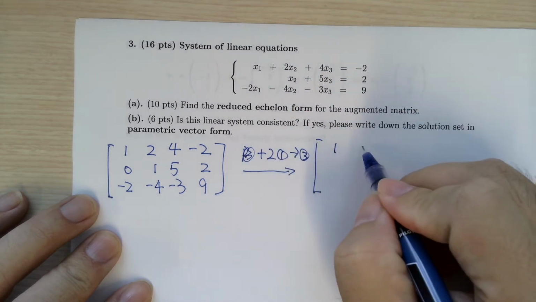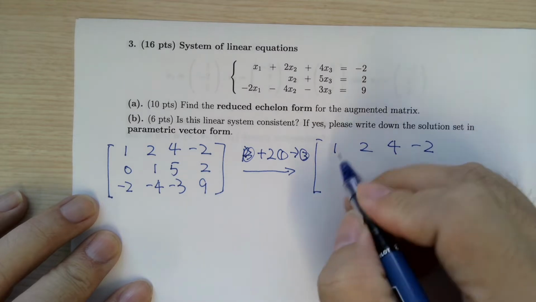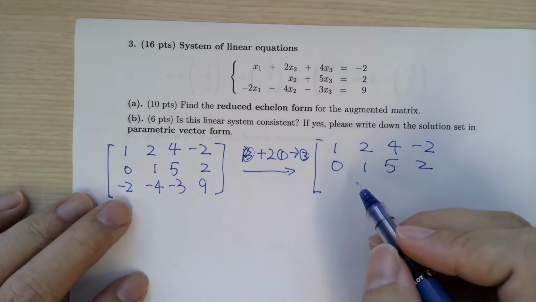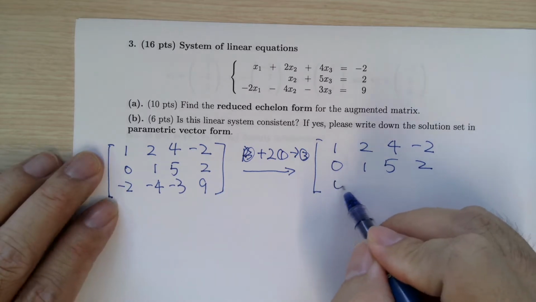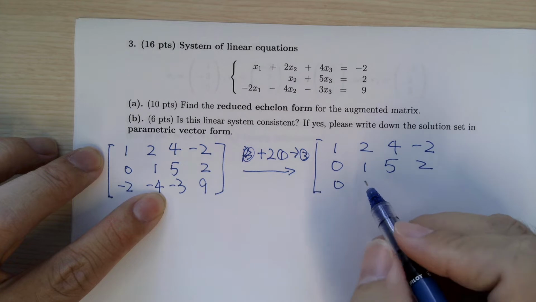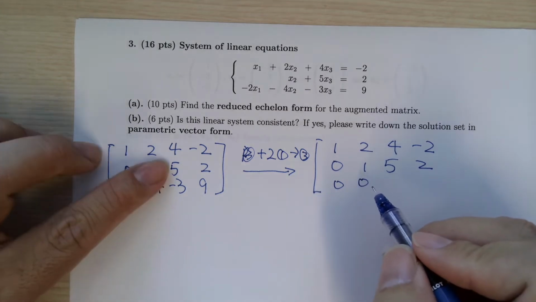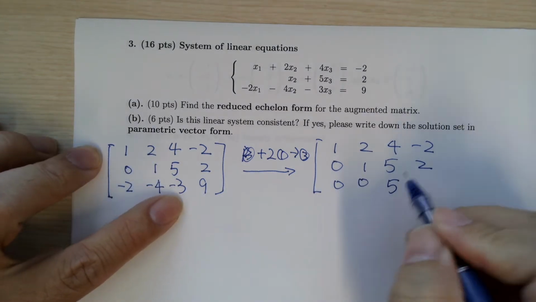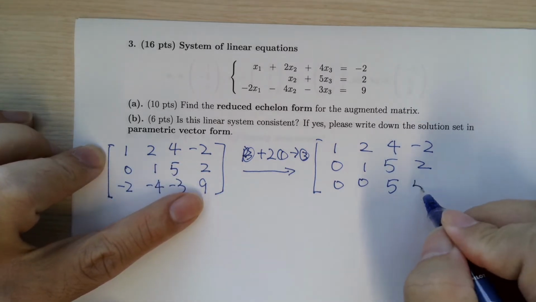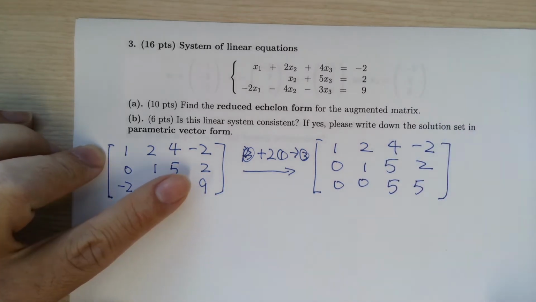So you're going to have 1, 2, 4, negative 2, 0, 1, 5, 2. So this part becomes 0. This part becomes negative 4 plus 4 is 0. This is going to be 5, right? This part is also a 5.